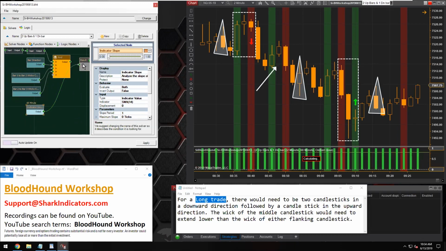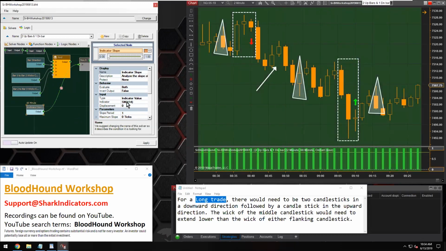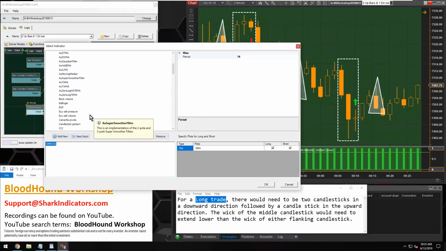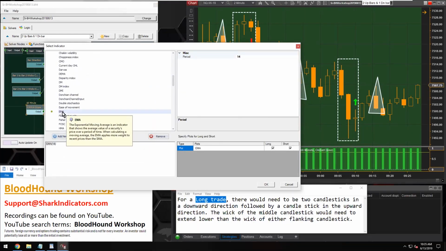Let's connect this into the result node here, and let's give this a name. All right, and let's change our input indicator to the EMA. And there we go.